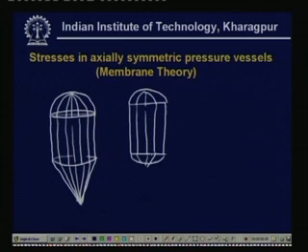So, what are the properties of axially symmetric pressure vessels? Here the axially symmetric means that if you look from any side up to 2 pi angle, then it will look the same, but this is about the geometry. But in order to be this axially symmetric system, the loading has to be also axially symmetric.